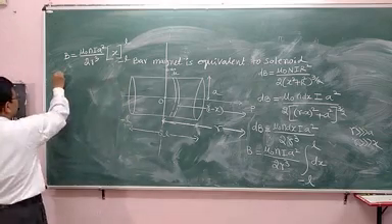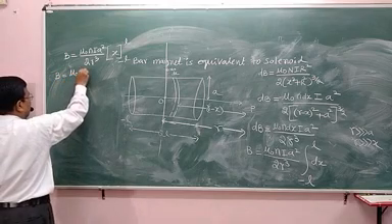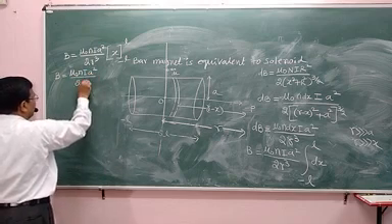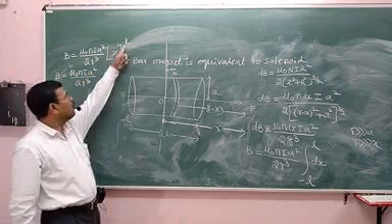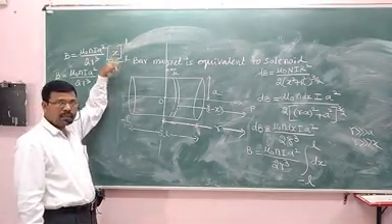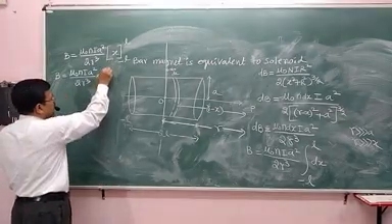So B is equal to mu naught n I a square divided by 2r cube. Put upper limit minus lower limit: L minus of minus L is 2L. So we get 2L here.